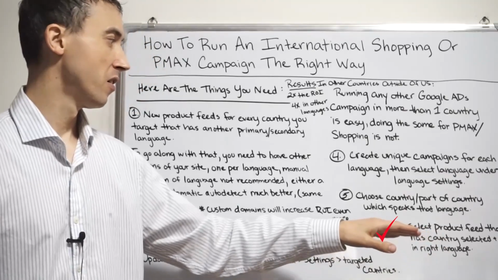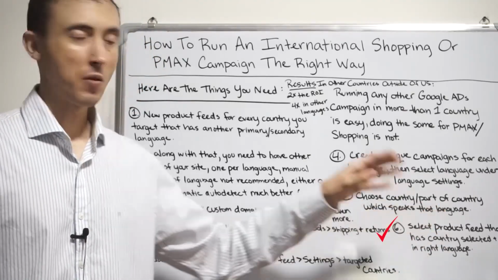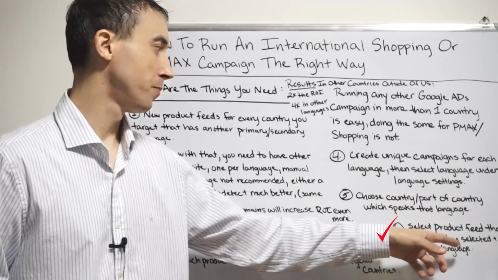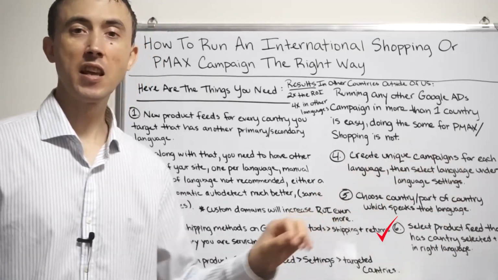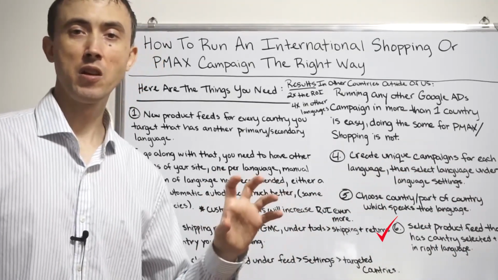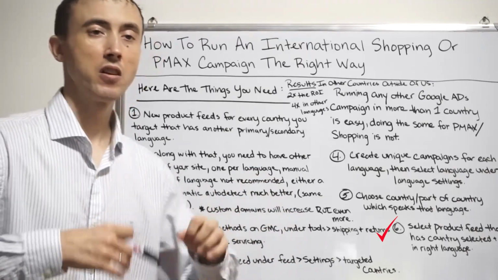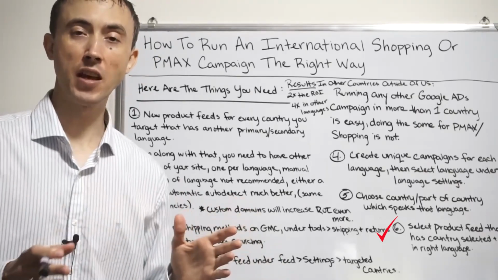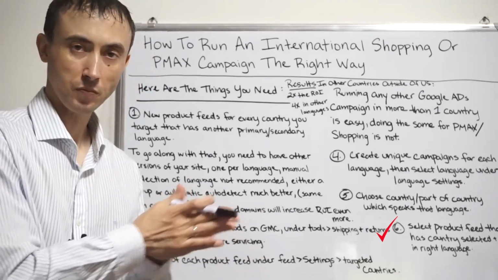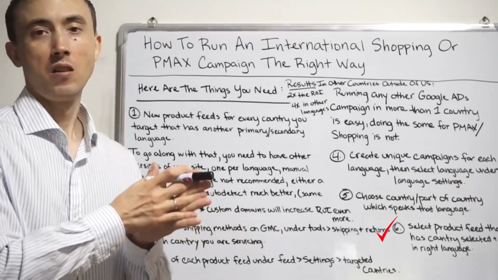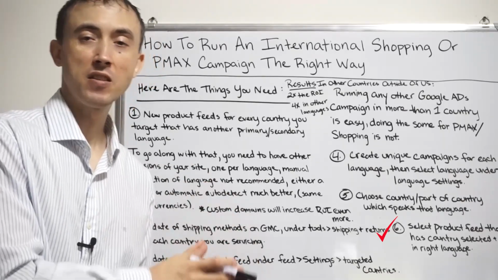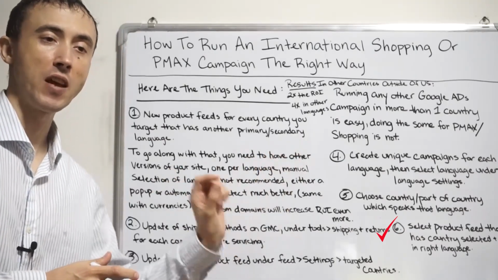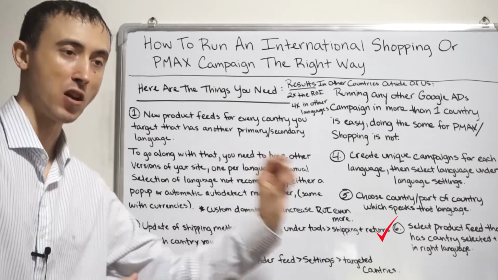Going back to what I was saying before about the product feed itself, I recommended that if you're going to target other languages, you have your product feed set up for Russian itself, and then one campaign for every other language, Russian, German, and all that.